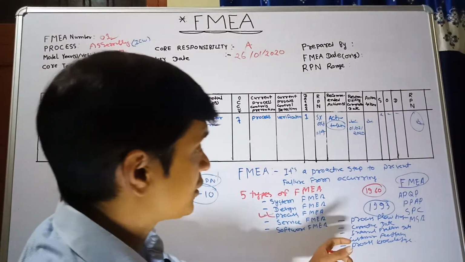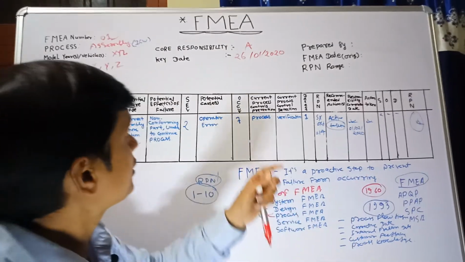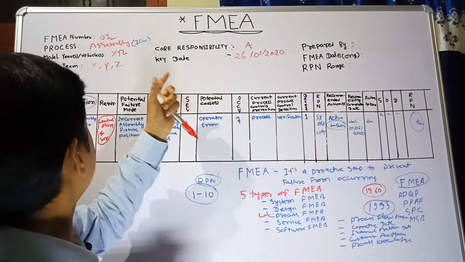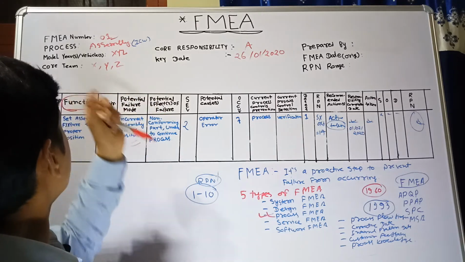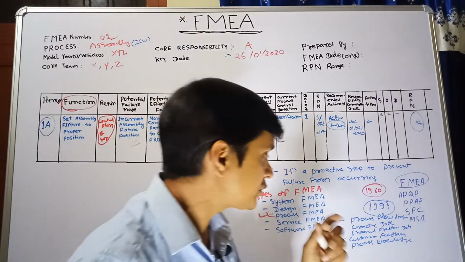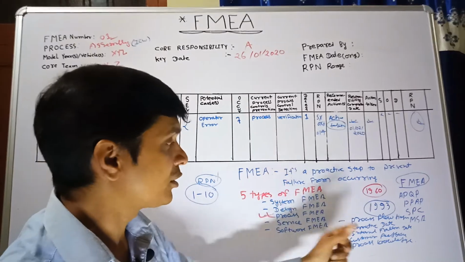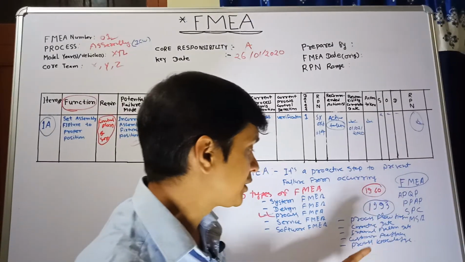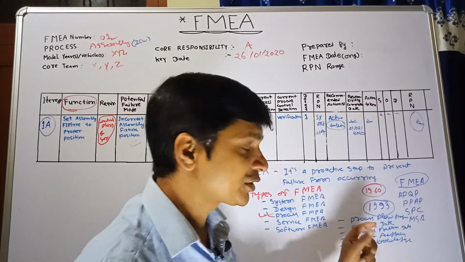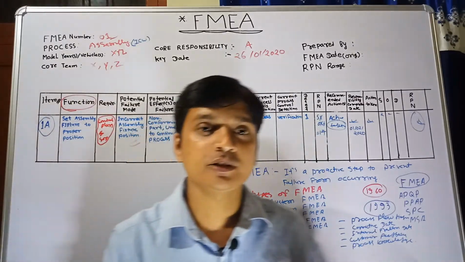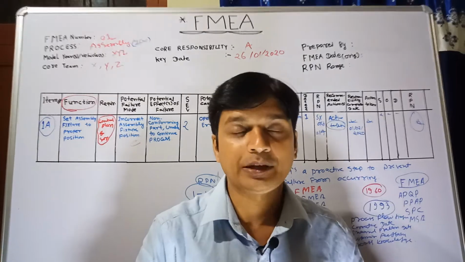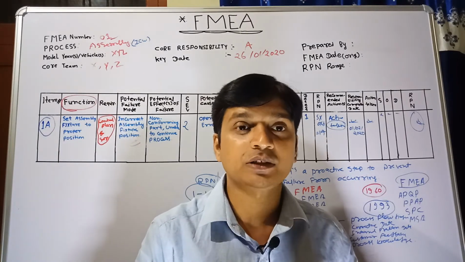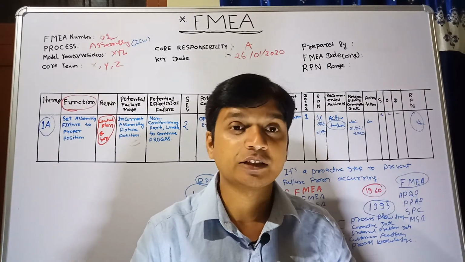If any person has these 5 things, that person can be part of the core team: knowledge of process flow diagram, corrective data, internal problem data, customer feedback and process knowledge. If you have process knowledge, you will be part of the core team. Otherwise a new person can't make an FMEA. That is the most important thing.